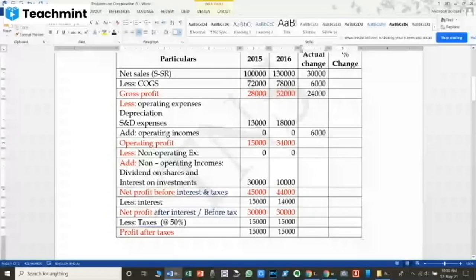Then this is 30,000. Operating incomes is nil, 0. Therefore it is 19,000.